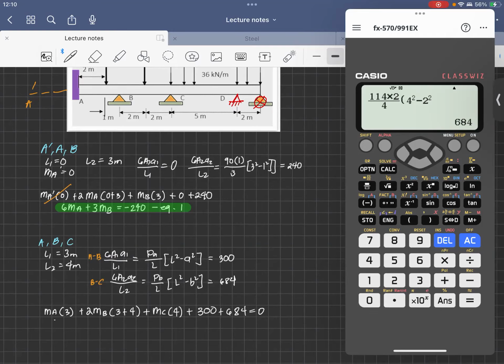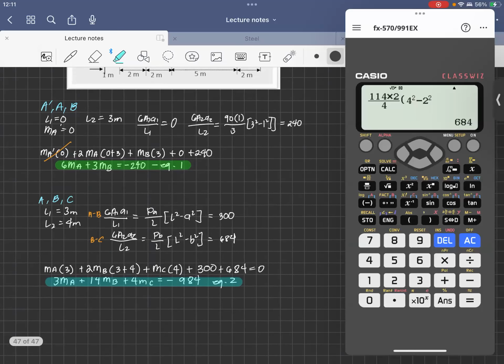Then simplify: 3MA plus 3 plus 4 is 7, 14MB plus 4MC is equal to negative 984. Equation 2.